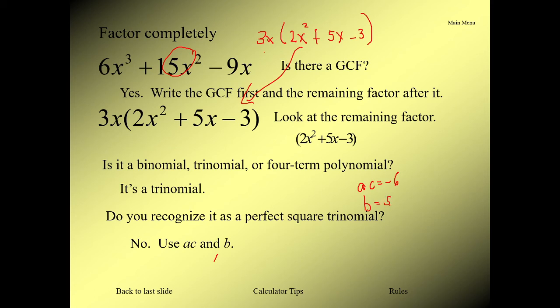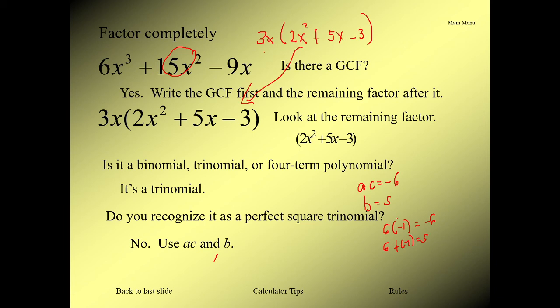So what are two numbers that if we add them, the result is 5, and if we multiply them, the result is negative 6? So let's try 6 and negative 1. 6 times negative 1 is negative 6, right? 6 plus negative 1 is 5.